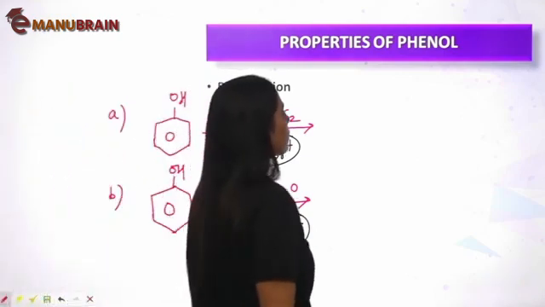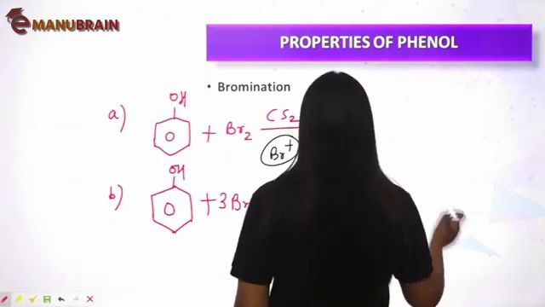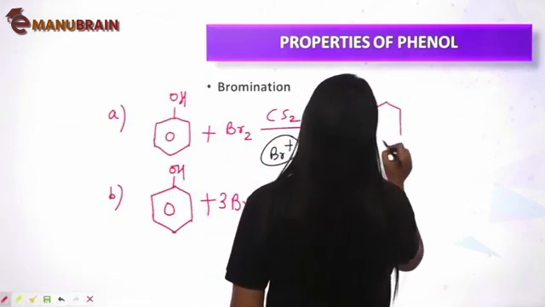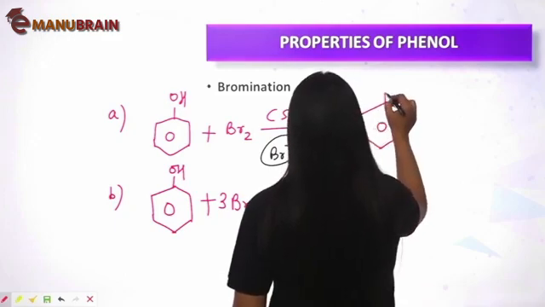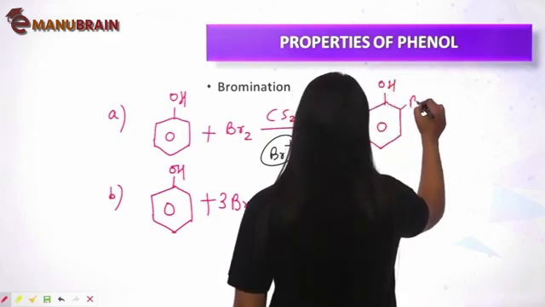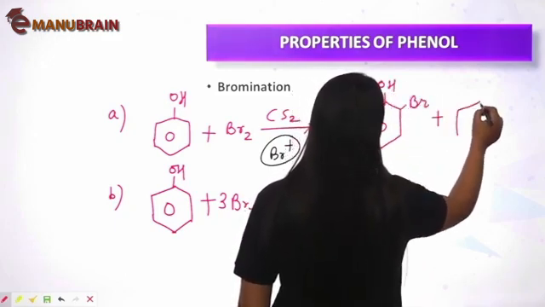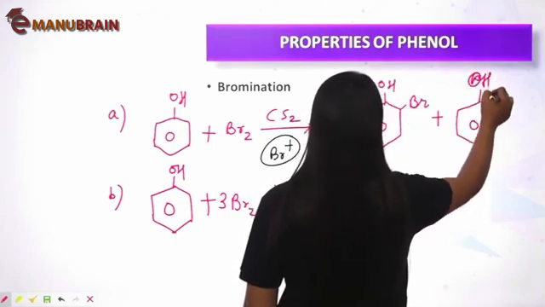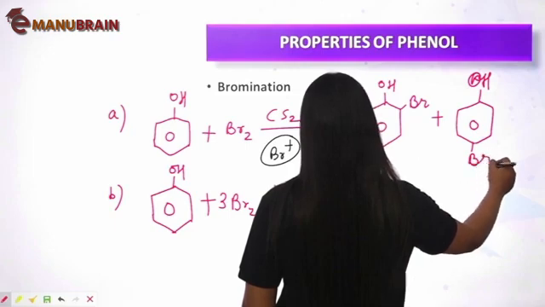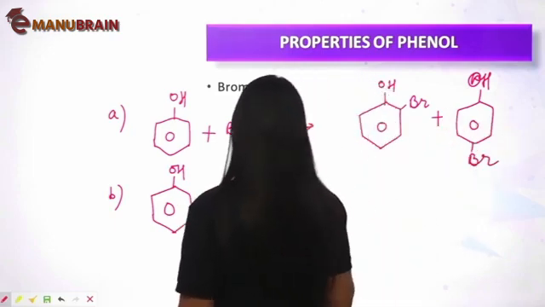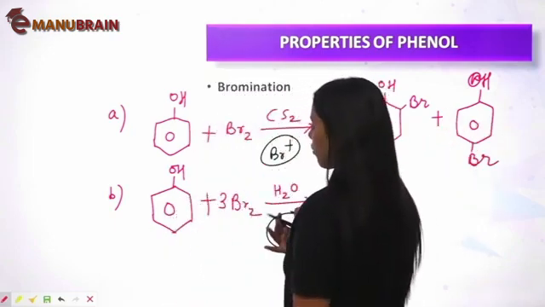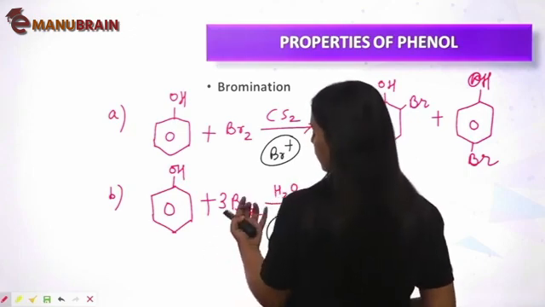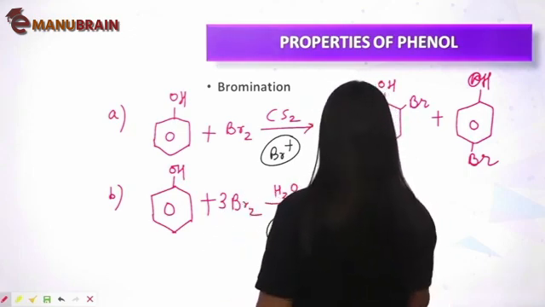So when bromine is dissolved in carbon disulfide solution, it results in the formation of ortho and para products, in which the para product is always the major product. This we know very well, right? So orthobromophenol, parabromophenol, and when aqueous solution of bromine is used, you can see that excess bromine is there, right? So it will result in substitution at all positions in the molecule at the same time.